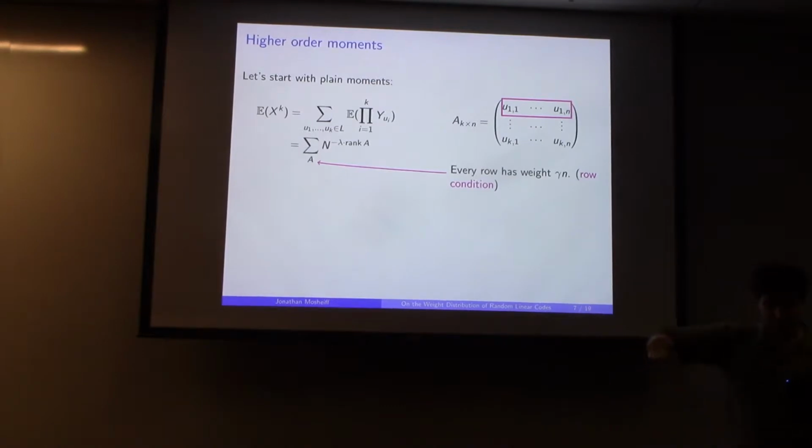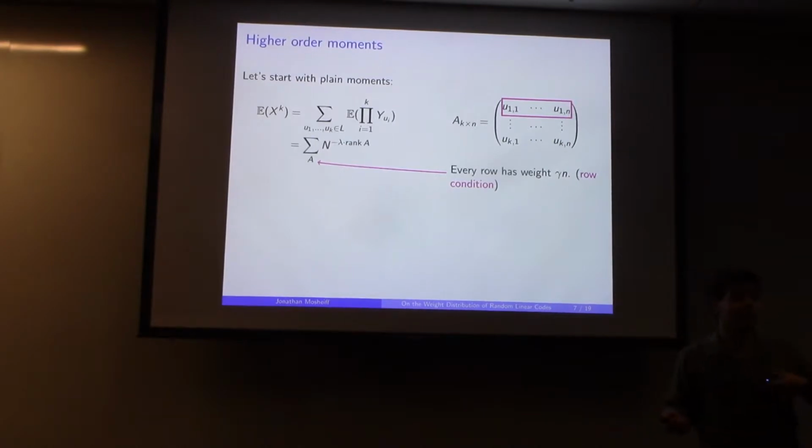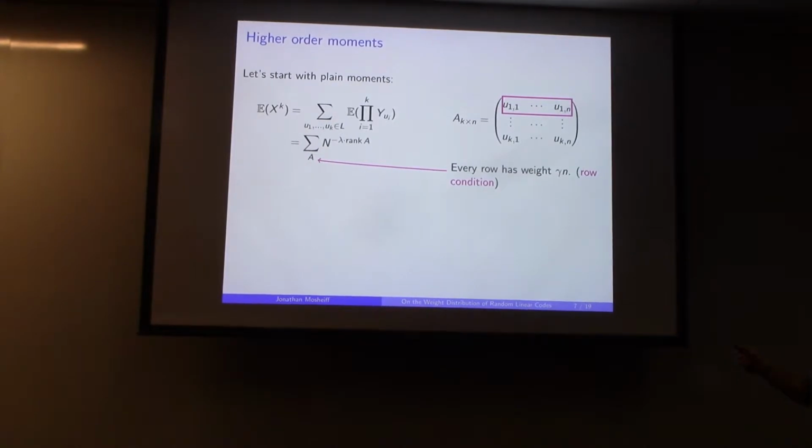I have k rows and I have n columns, and I'm summing over tuples of vectors where every vector must belong to the layer L gamma n. So each row of this matrix has the same weight, gamma n. So in order to sum over tuples, I just need to sum over matrices that satisfy this row condition. The row condition is what I call every row being of weight gamma n. I sum over all of these matrices.